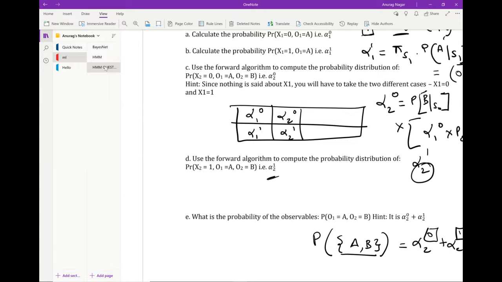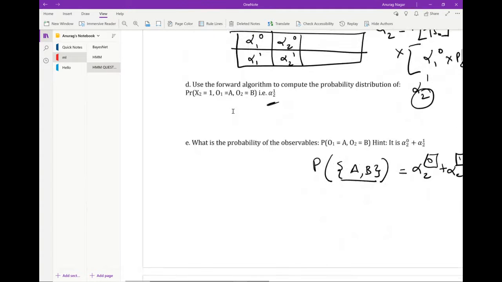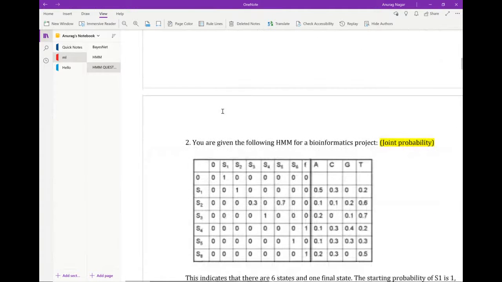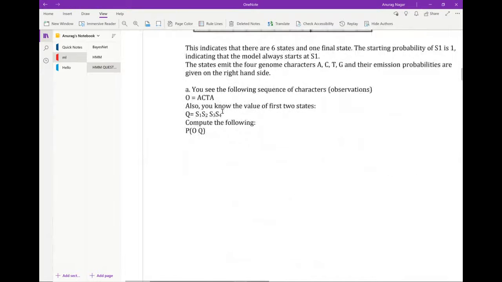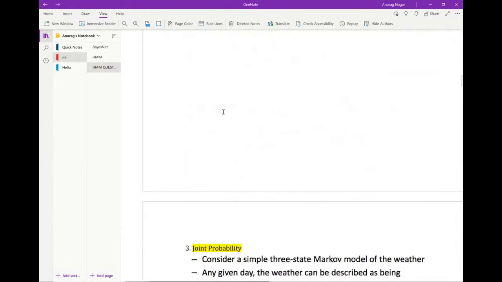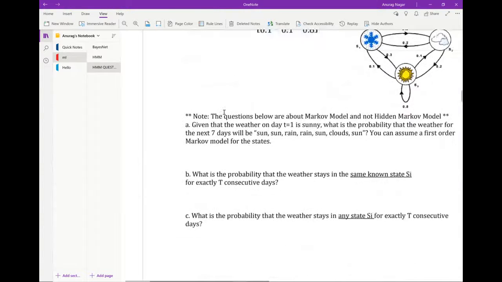Okay. Now let's look at the practice questions, and we'll look at the Viterbi algorithm based questions.